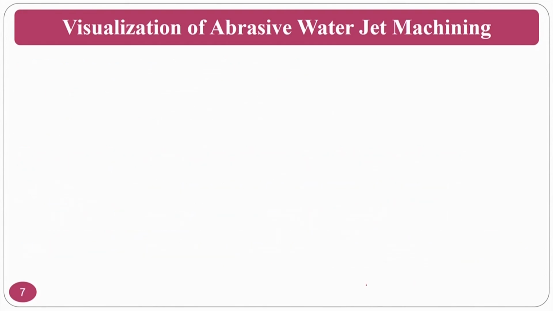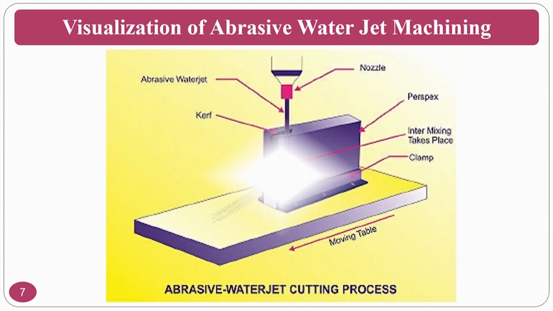Okay. If you do the visualization, basically the people have taken perspex. Perspex is a transparent polymer material, they have impinged the abrasive jet on it and observed it, because as it penetrates it loses its energy and tries to go out, because this is the path that it follows.